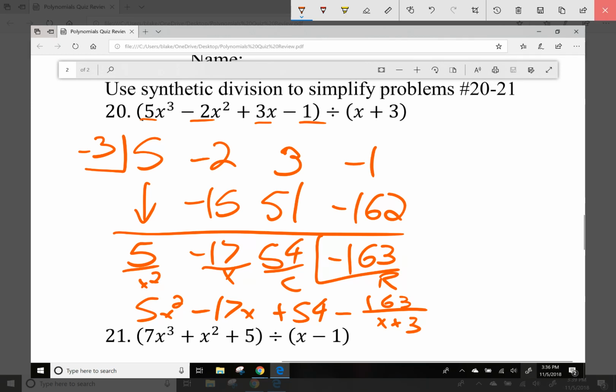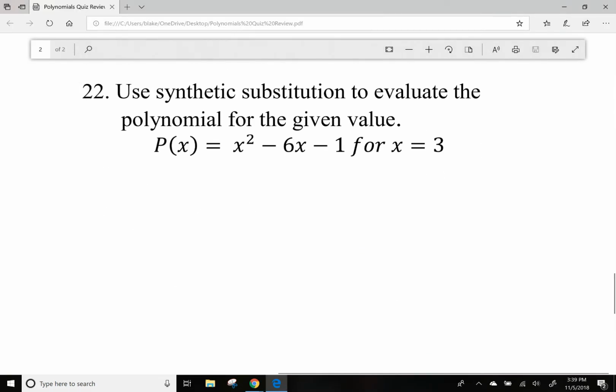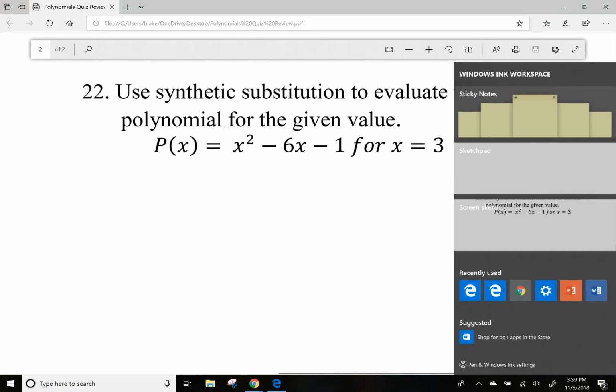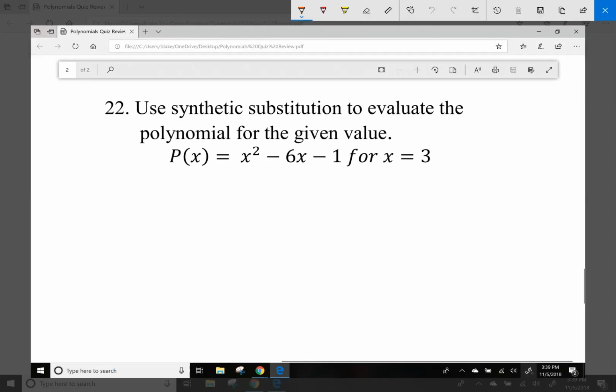One more, the last one, number 22. So this is the same thing as synthetic division. It's not going to work out any differently, but there's a connection I want to make here. So in all the division problems, the remainder is the y value for your a value, but your a value is really an x value. So in that last problem that I just did, the a value in the box was -3.